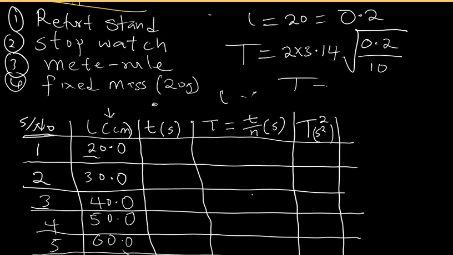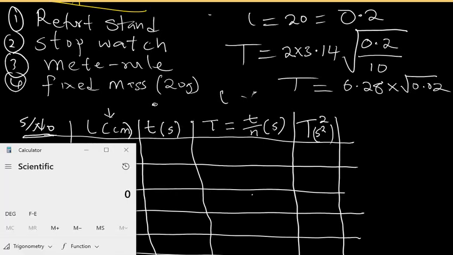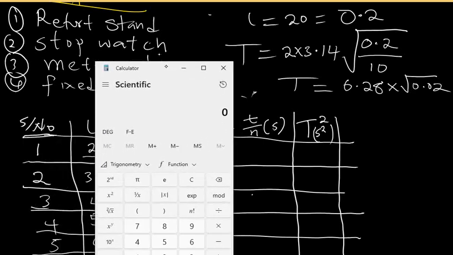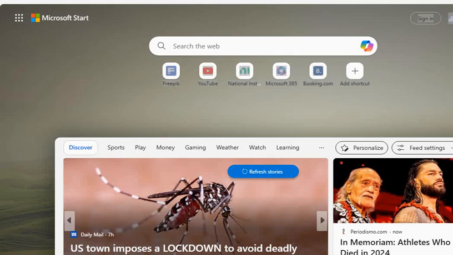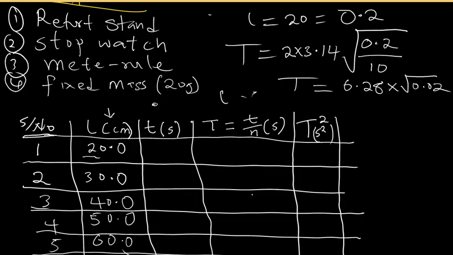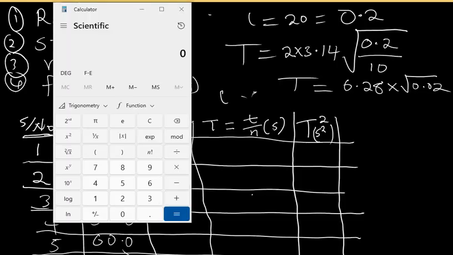Now let's actually do this. This is going to be 2 times 3.14, that is 6.28, then multiplied by the square root of 0.02. At this point, I think the calculator can actually help us. So I hope you're with your calculator. Here we go.